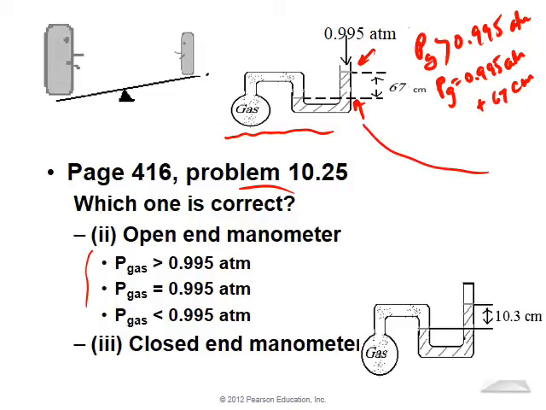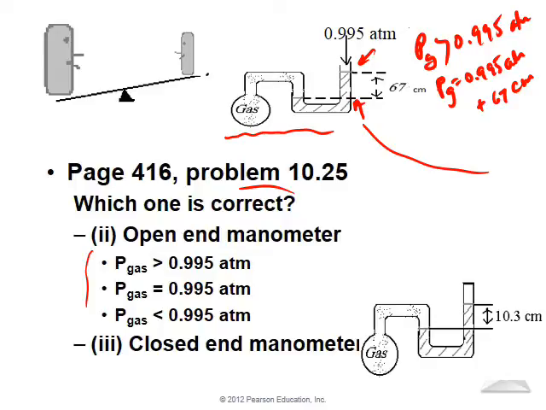Now atmosphere needs to be changed to millimeter of mercury, if that's how you're going to express it. I think the question didn't ask us to express in a particular unit, so you have the freedom of either expressing the final unit in atmosphere or in millimeter of mercury.